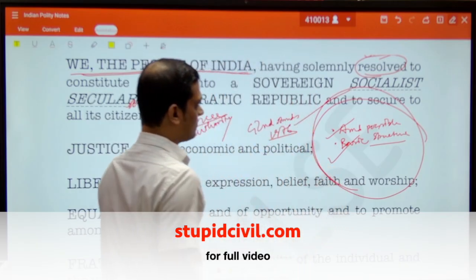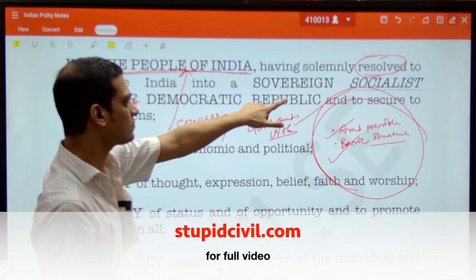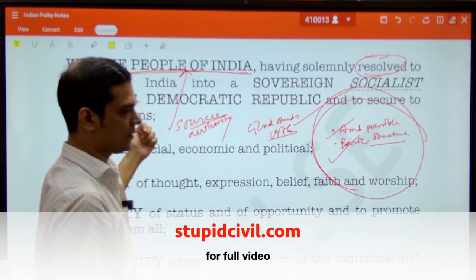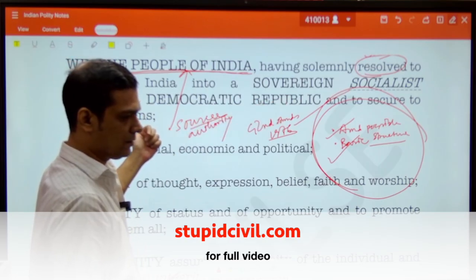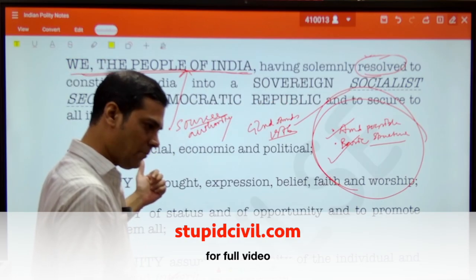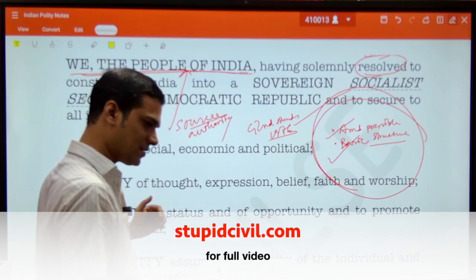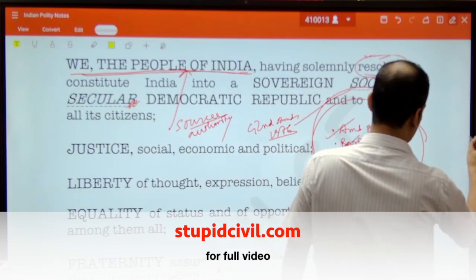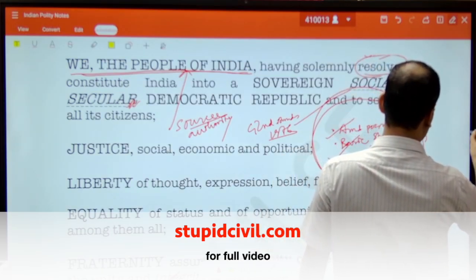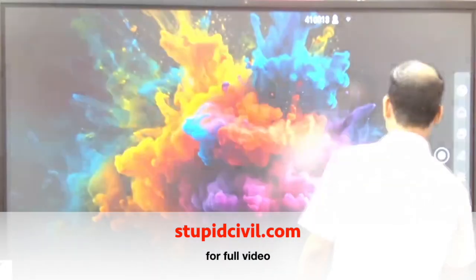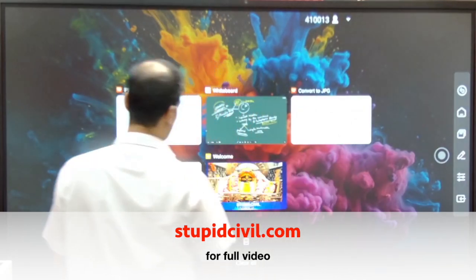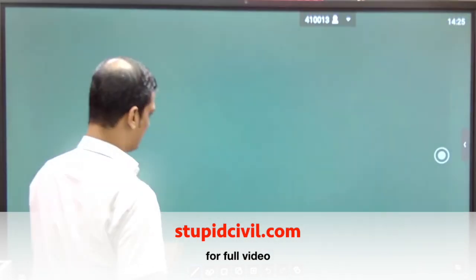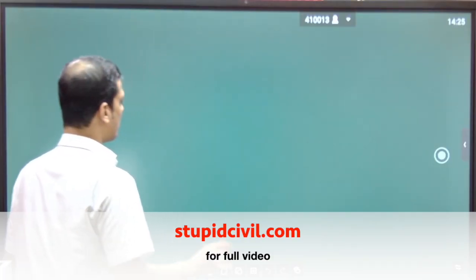Now the thing is socialist and secular. We know by this time that the 42nd Amendment 1976 inserted them. That means you are going to place the things with your own reasoning. It is not going to happen. Please try to understand this.